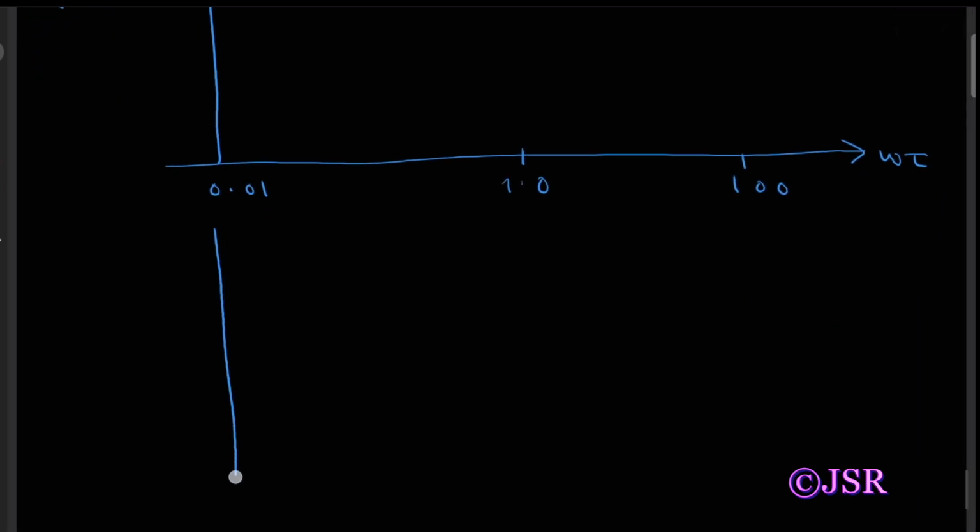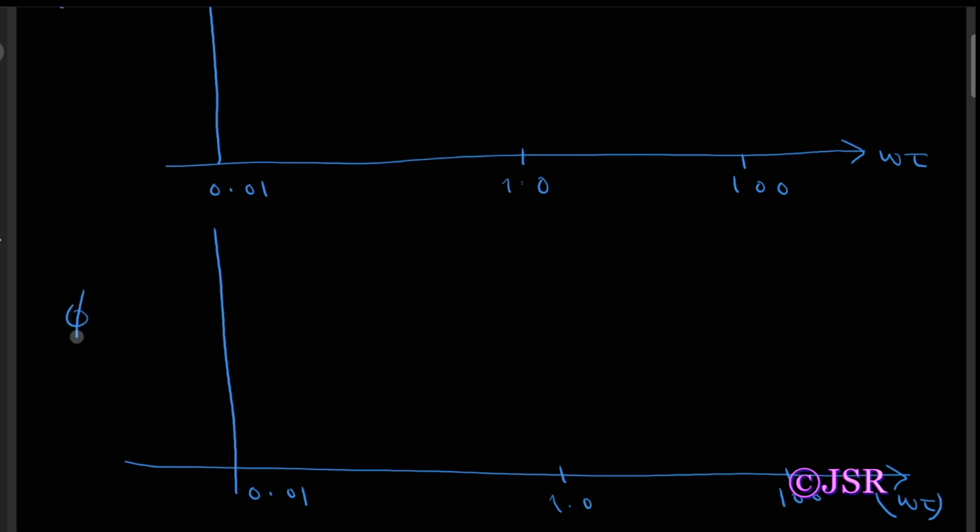And this is again the phase plot. This is 1.0, this is 100, and this is 0.01, and this is omega tau on the x-axis, and this is phi.